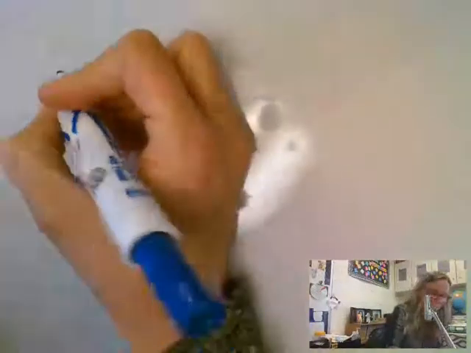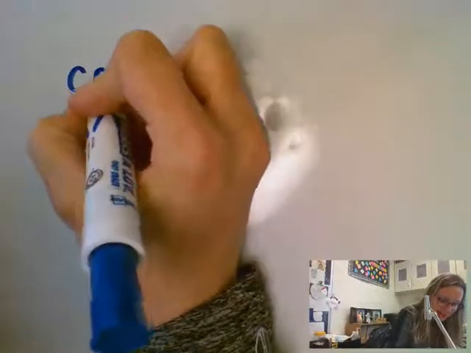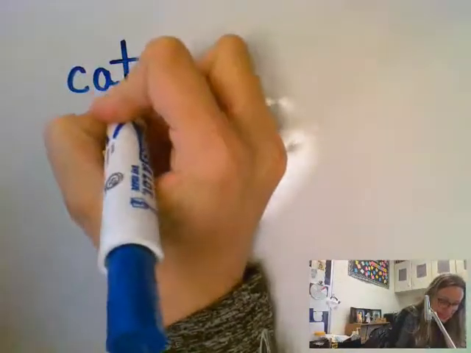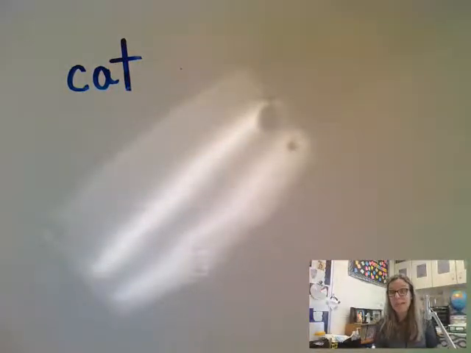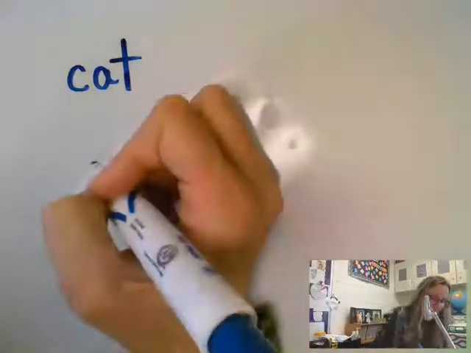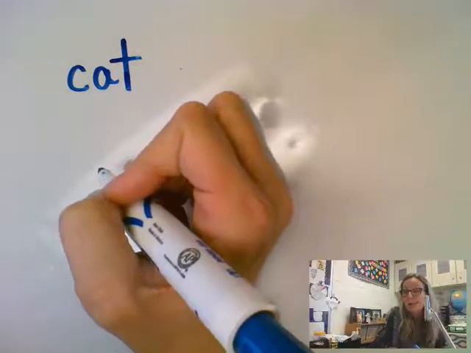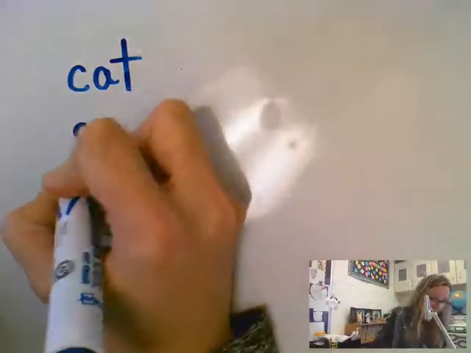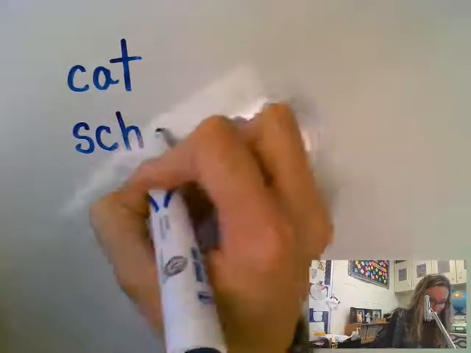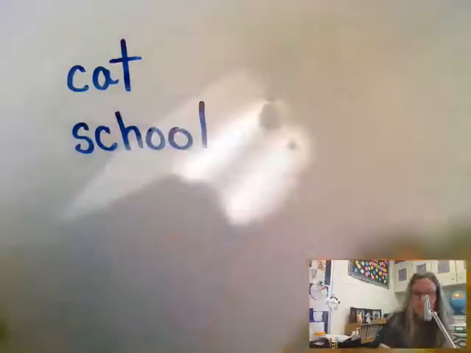So our common nouns are all of the person, place, animal, or things that we talk about every day. So I have, you guys know at home, I have a pet cat. So a cat is an animal, and that's what we call a common noun. Right now I am in our school. A school is a place, and that is what we call a common noun.